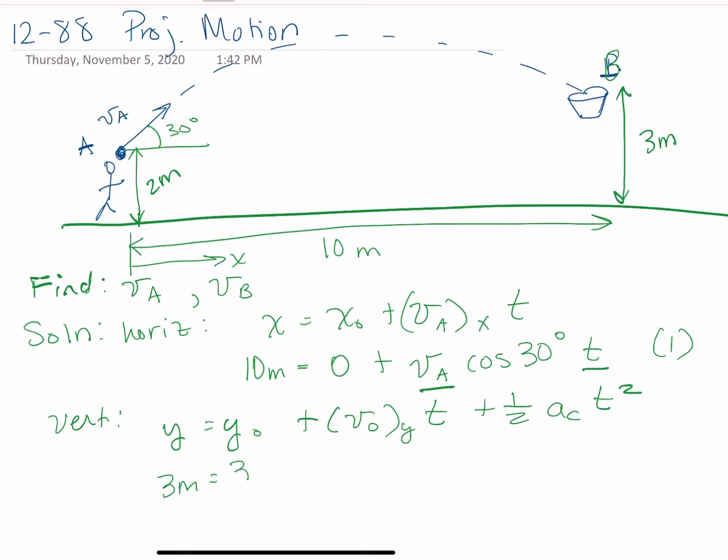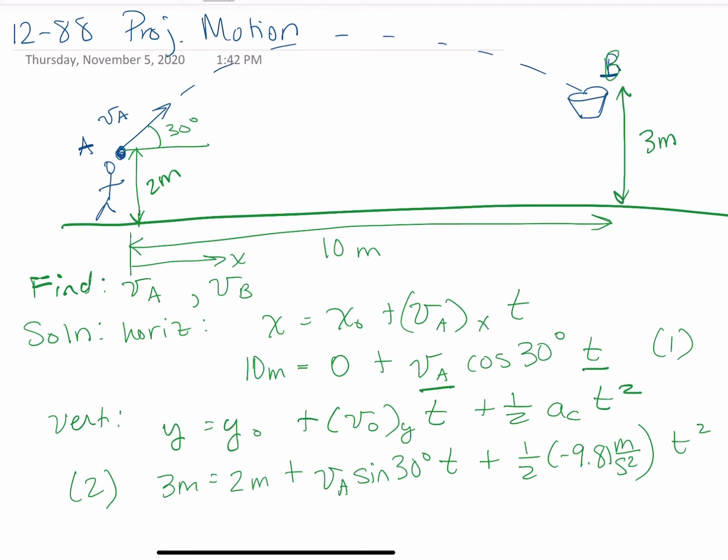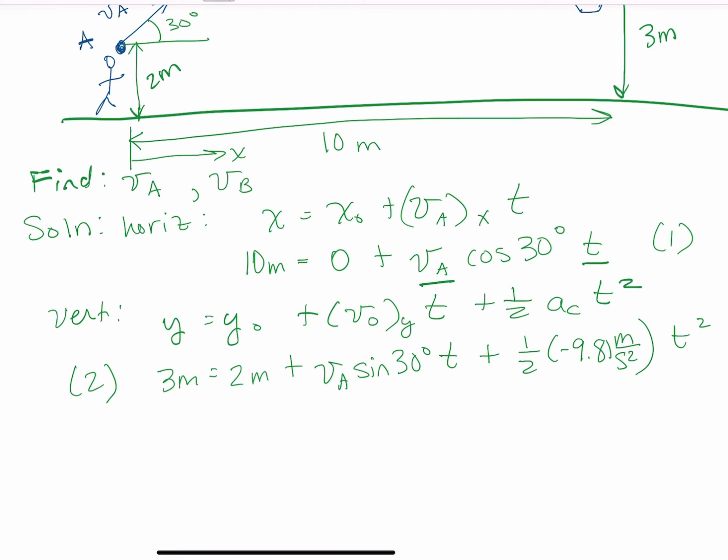That equals the initial y, which is 2 meters, plus that v naught sub y, which is v sub A sine 30 degrees times time, plus 1/2 times that negative 9.81 meters per second squared. That's just acceleration due to gravity using meters and seconds, times time squared. So now we have a second equation that relates the velocity and the time.